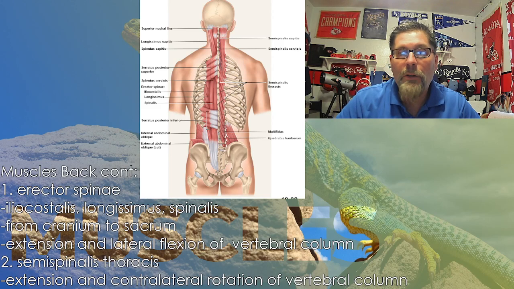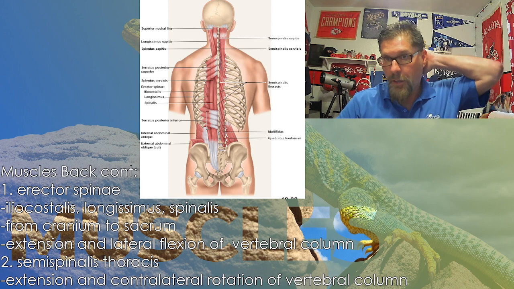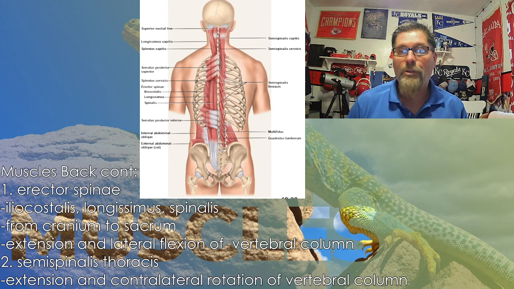Okay, so some others. The main three that I'm talking about are right in the middle. If you look to the left-hand side of that diagram, right in the middle, the iliocostalis, the longissimus, and the spinalis. The interesting thing about these is they extend all the way from the back of the skull down to the sacrum.